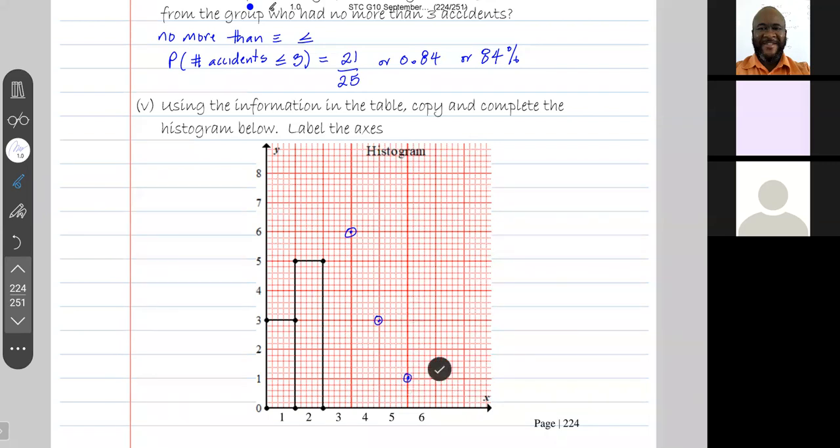Now you're going to complete a histogram using a ruler. When you're doing this, you must use a ruler.